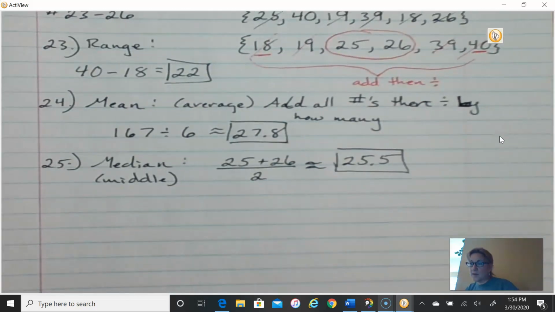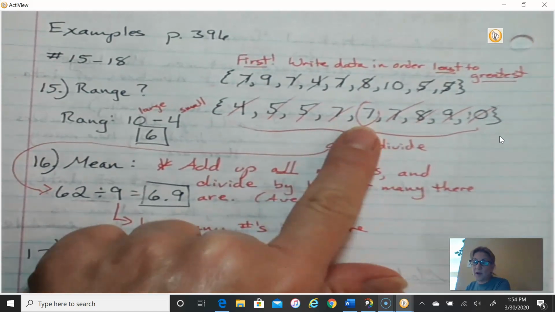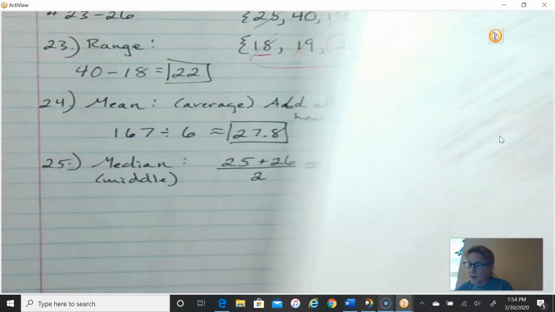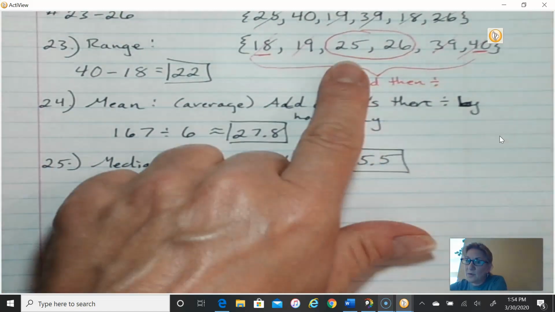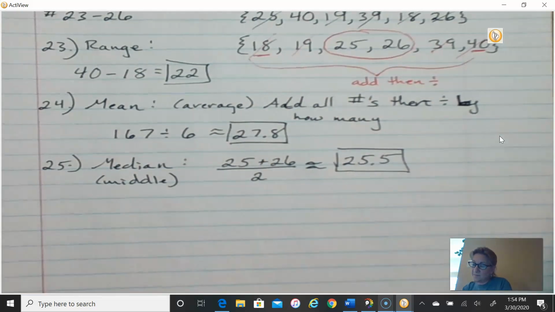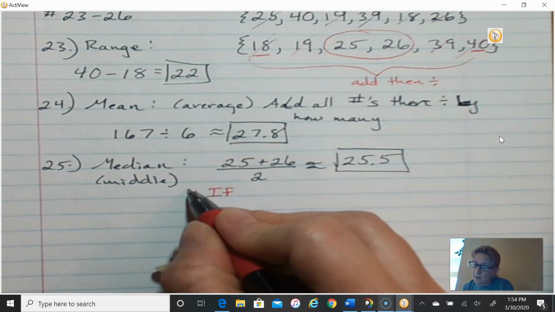Okay? So this problem right here, the median, there was one number. Those are the easy ones. You just write that down. But if there's 2, then you have to get the average. And I'm going to write that down.